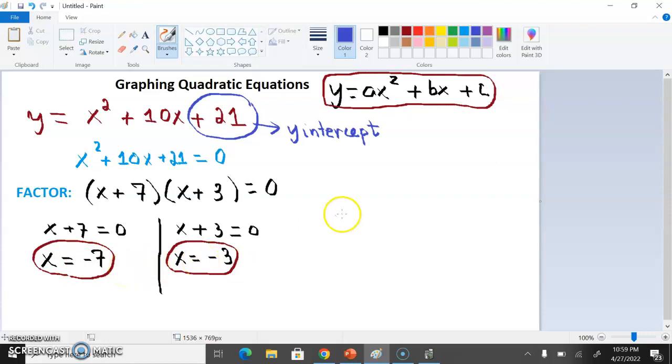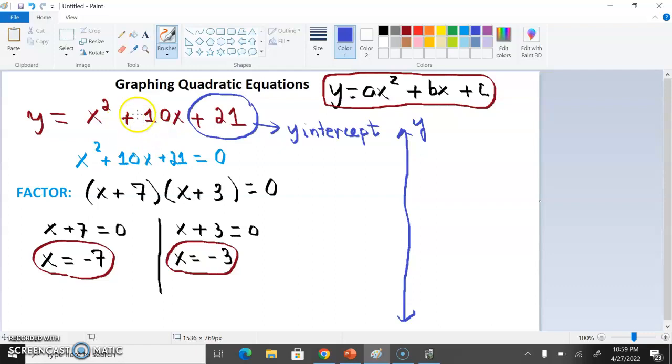Okay, I'm going to go ahead and try to see if I can graph this equation using everything that I have so far. So I'm going to go ahead and draw my coordinate plane. Okay, it's my y-axis. For my equation, the y-intercept is 21, and it opens upwards.